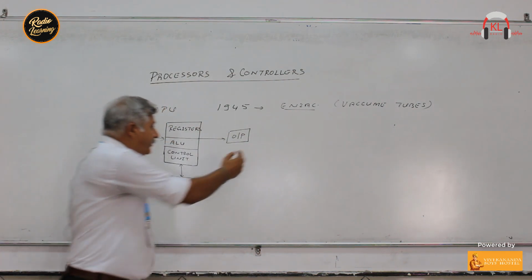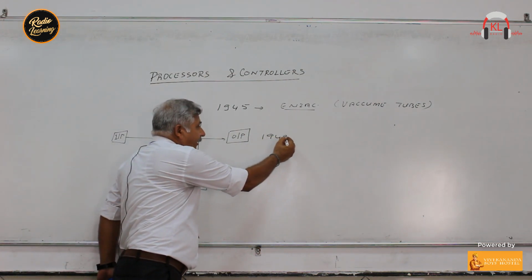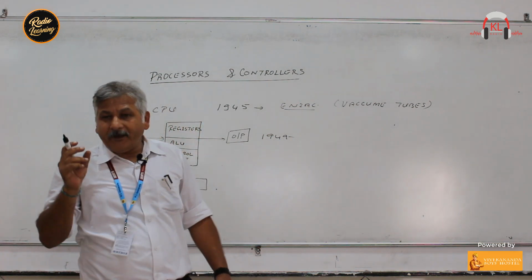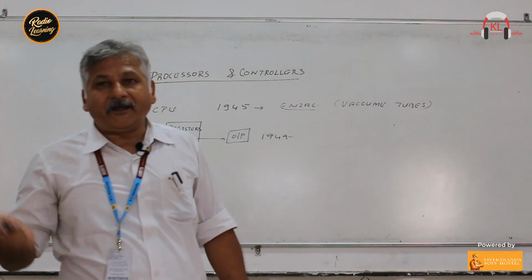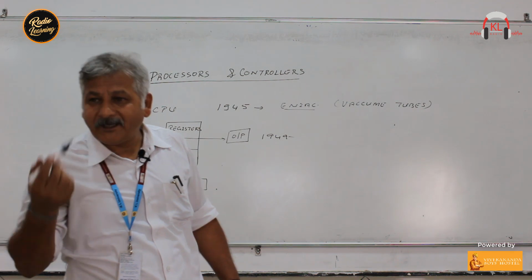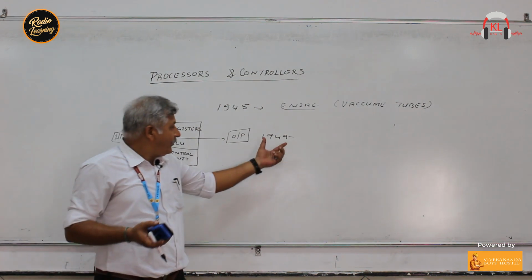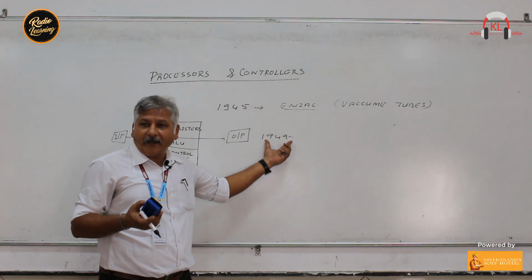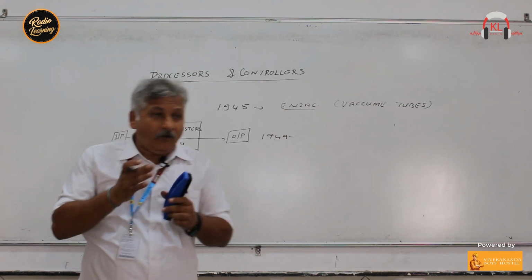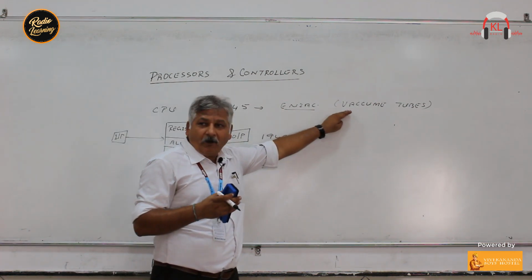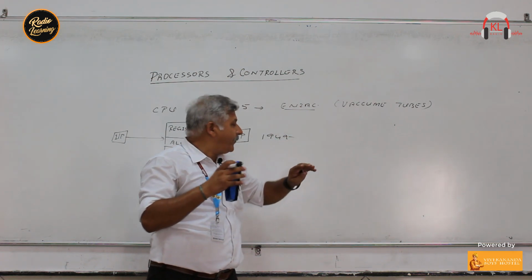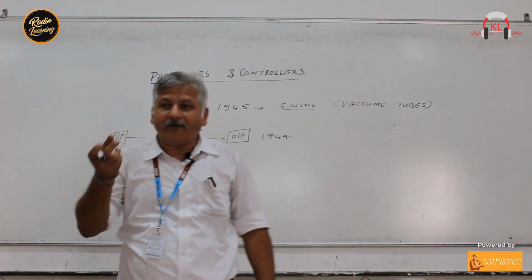Now, in 1949 the first semiconductor devices were invented, like the PN junction diode and the PN transistor. Then all the vacuum tubes of the central processing unit were replaced by semiconductor devices.